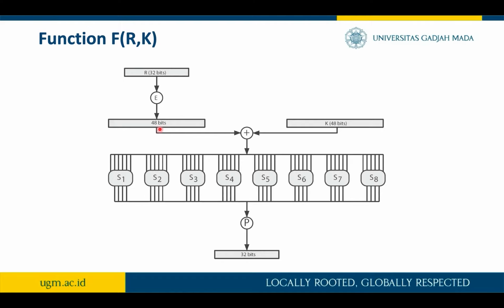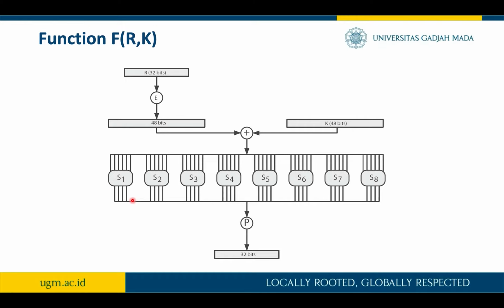Then the bits will be XORed with the subkey. Of course, the result will be again 48 bits. But since it must be XORed with the left part of the sequence of bits, which consists of 32 bits, we need to again reduce the 48 bits into 32 bits.